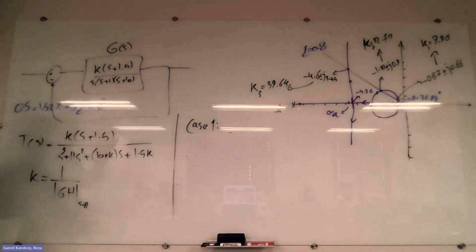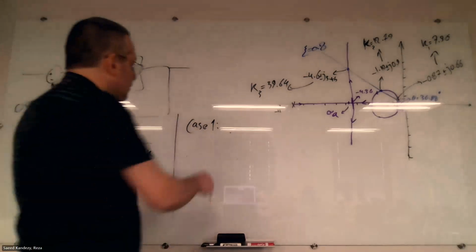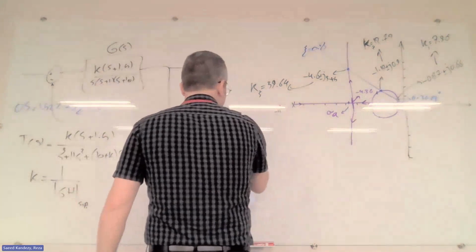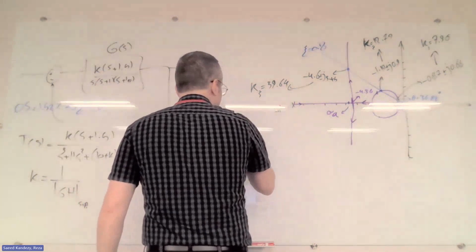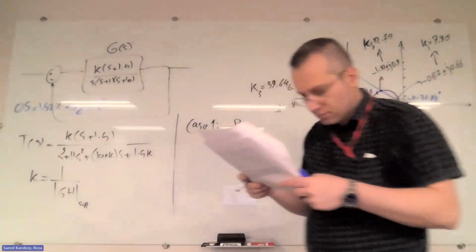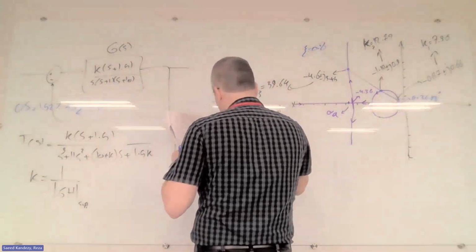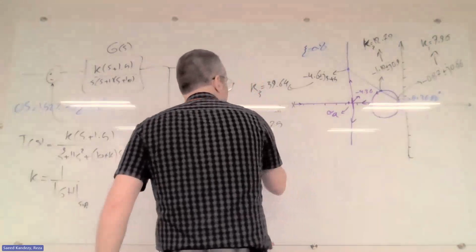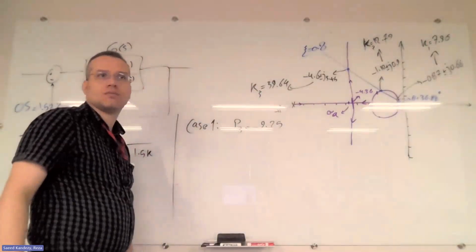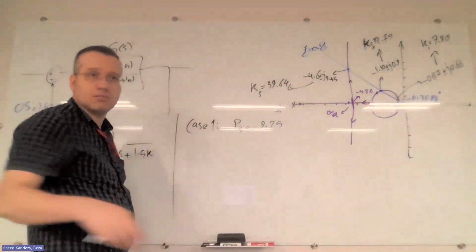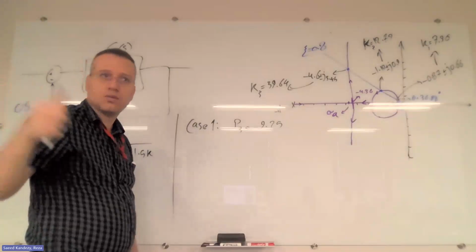Makes sense? It's easy to find that. For case one, if you calculate that, the third pole is going to be minus 9.25. And it is on the real axis, we know that. For that case, very good.